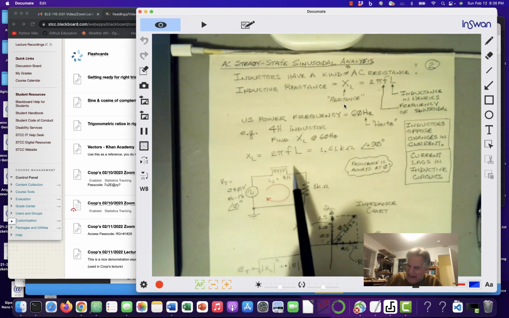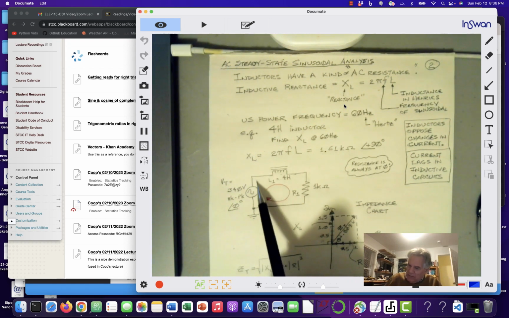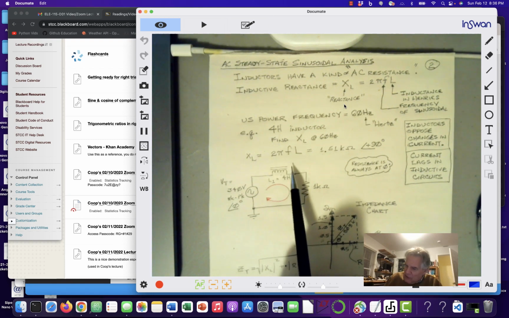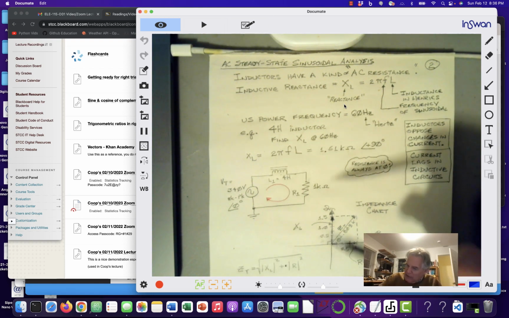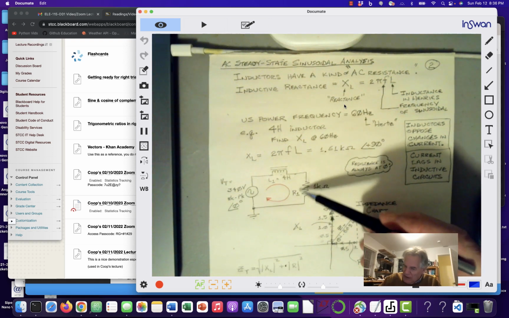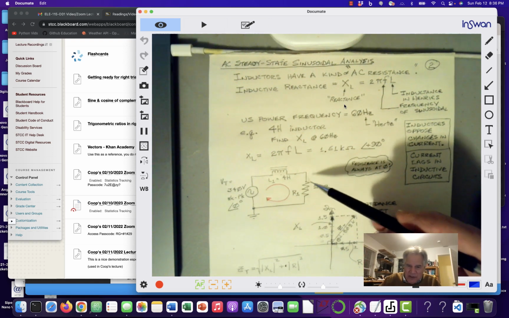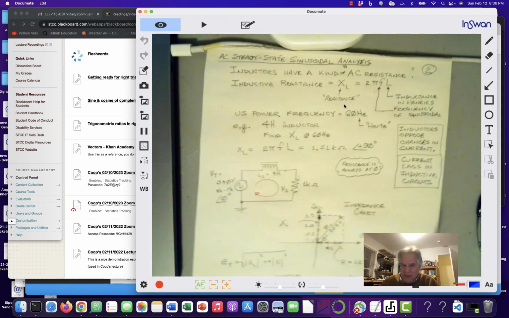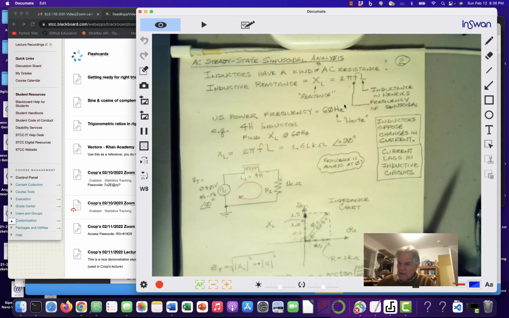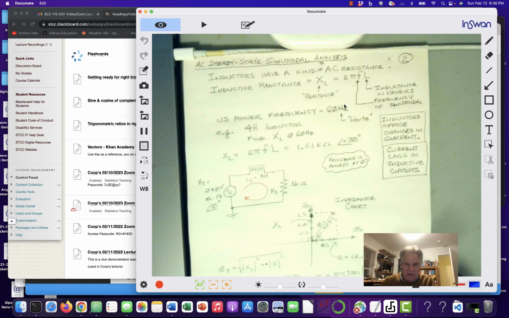I'm going to have to add something whose steady state sinusoidal resistance is at 90 degrees with something whose resistance is at 0 degrees, and that's going to bring in vectors. So here we go.